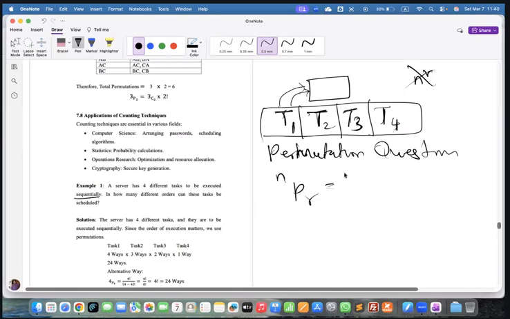So we have 4 distinct tasks. Now we have another question: what is the value of r? N means the total number of tasks. We have 4 tasks. So what is the value for r?